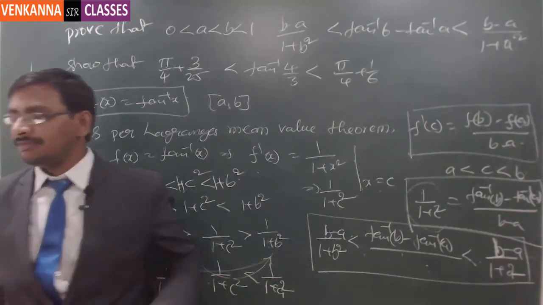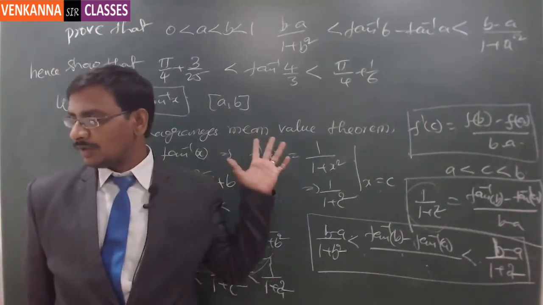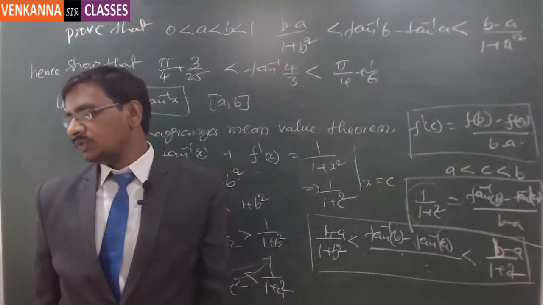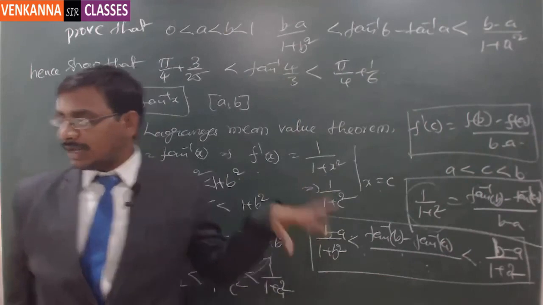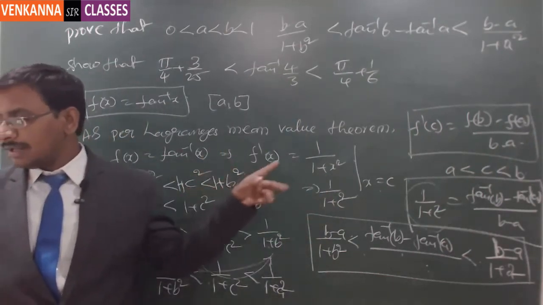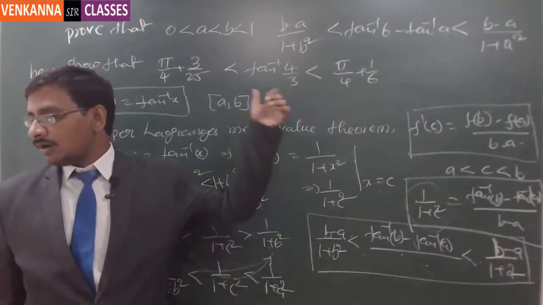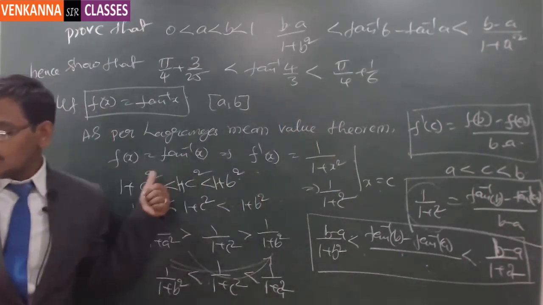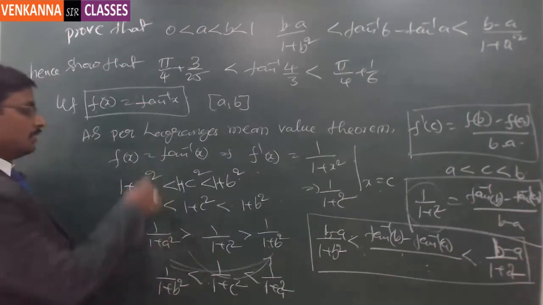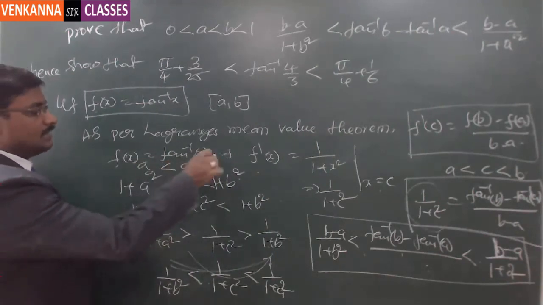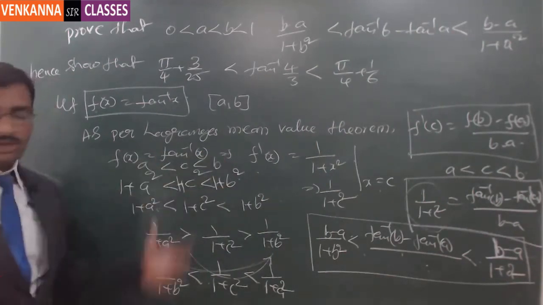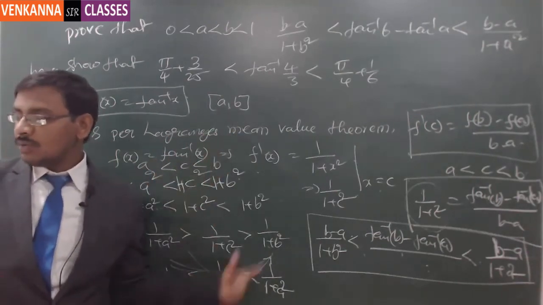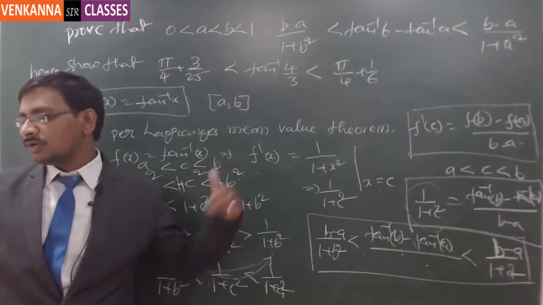So essentially, in this case of problems, what we are doing is, we need to guess the function. That is one thing you need to do. Another thing is, take the conditions of C and then try to bring in the format of the middle part, that is the derivative part. For that you will essentially use the same condition, that is A less than C less than B, and this condition you will make use to bring into the format of the derivative, and then based on that, whatever the conditions he asks for, that you are going to check.